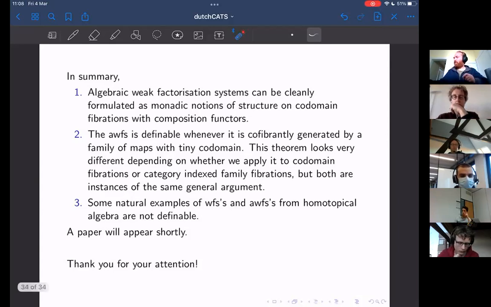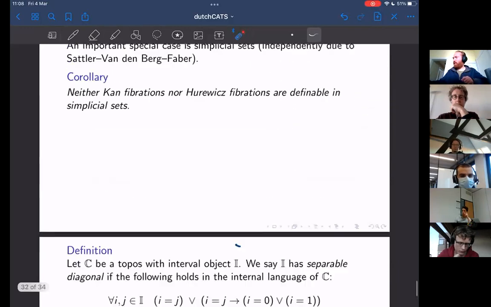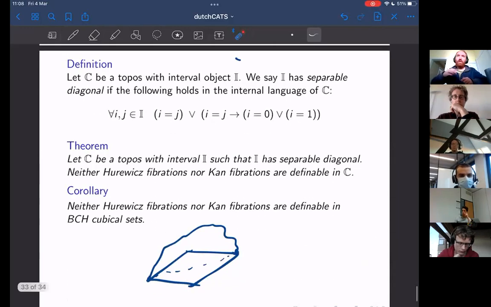There's an extreme version of this in the BCH cubical sets, where I think the universe of Kan fibrations is not itself a Kan fibration. This is a big problem.